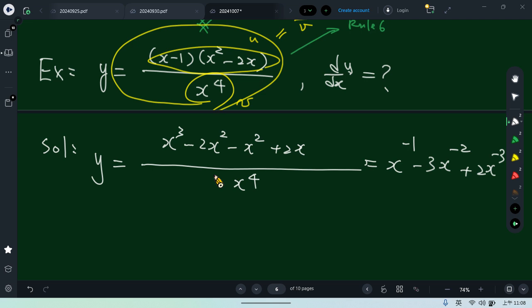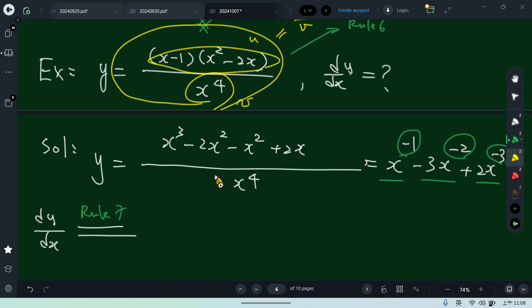So if you want to get the result, then you can simply use rule number 7, because these 3 terms can always have x to the nth form, right? You can see here the form x to the n, and n here is negative integer, but it works.